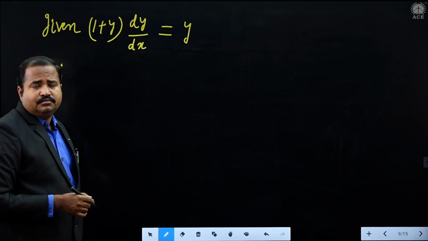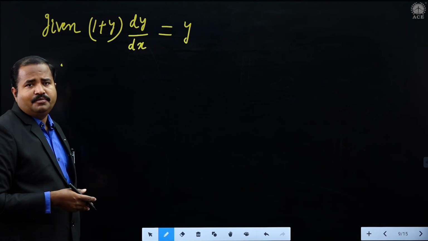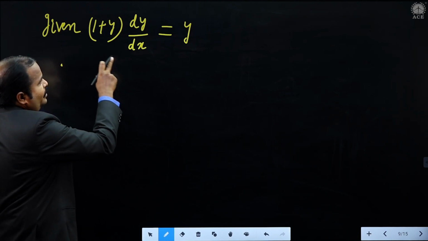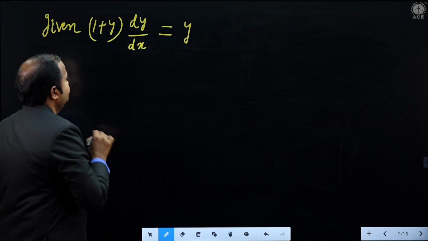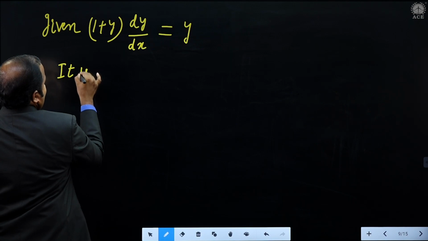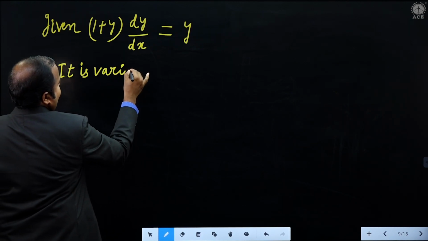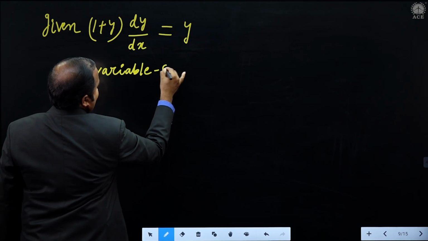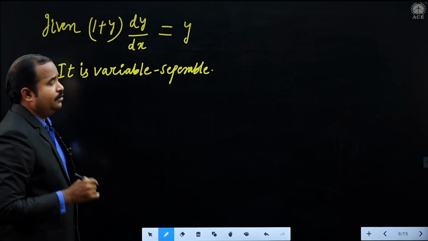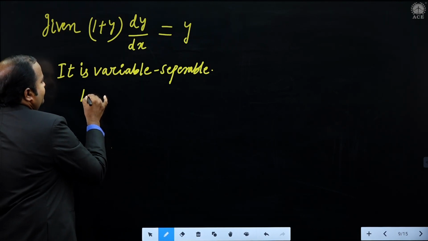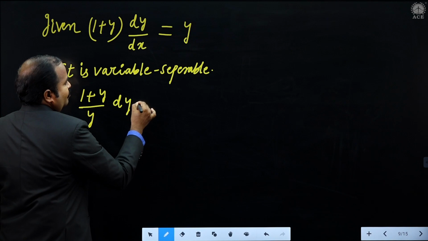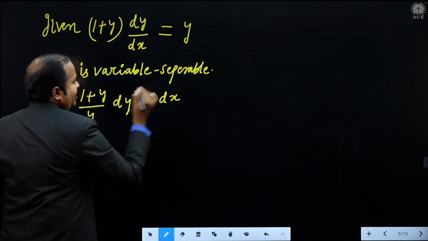First order DE means there are various models: variable separable, linear, exact, right? So clearly the DE is variable separable model. Right. So we can write the DE as (1 plus y) by y dy equal to dx.